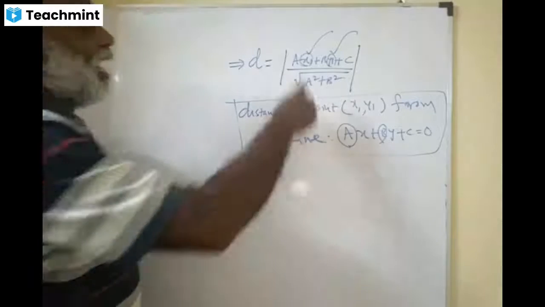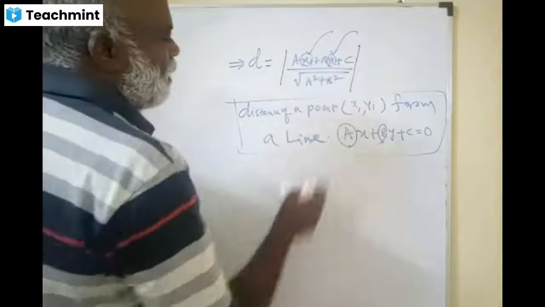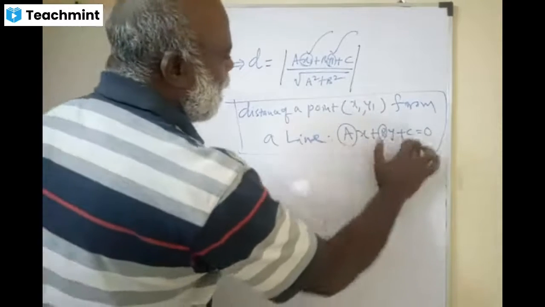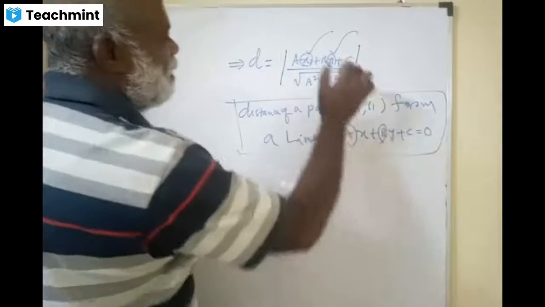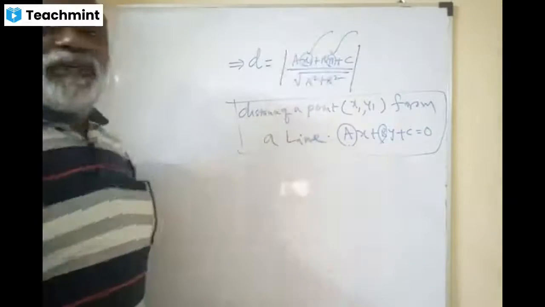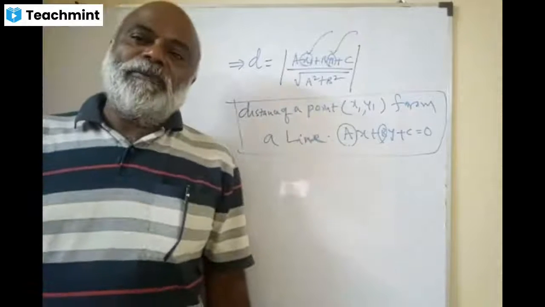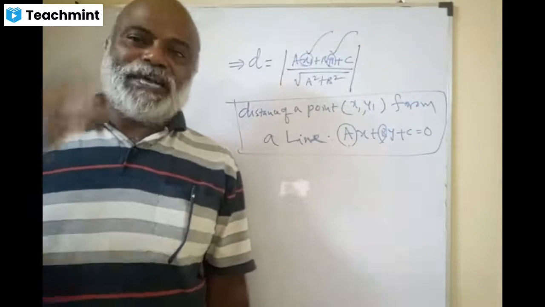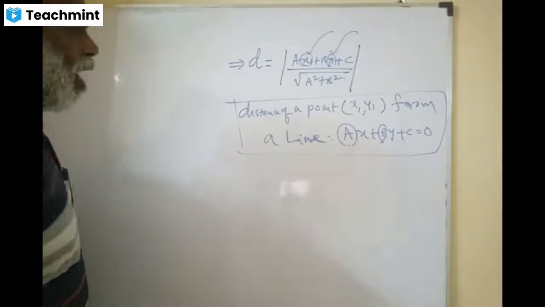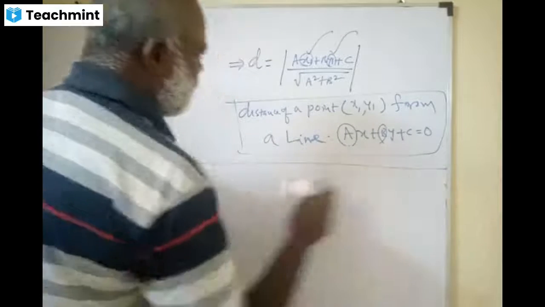Friends, here x1, y1 is a point and the line is ax plus by plus c. In the numerator we put it by replacing x with x1 and y with y1, and in the denominator the square root of the coefficient of x square plus the coefficient of y square. Okay, clear? What is the other formula, Google? Can you tell me what that is?